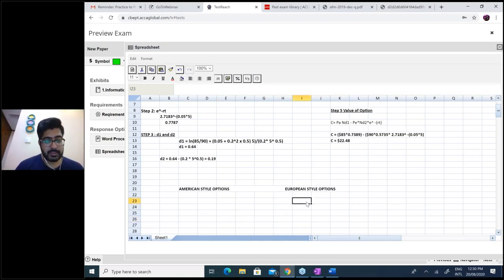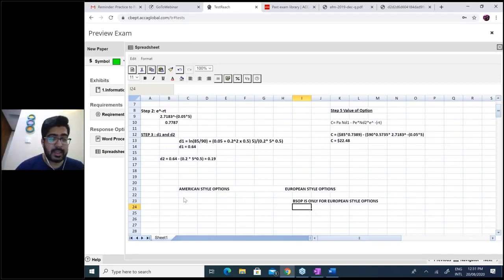The BSOP model, this Black-Scholes option pricing theory, is only for European style options. BSOP can't handle American style options, which have an expiry date of 30th Jan and can be exercised anytime.